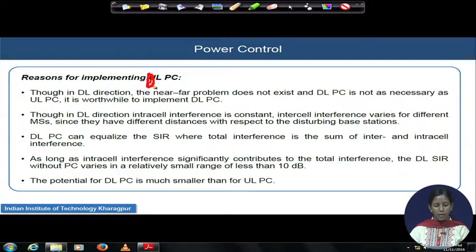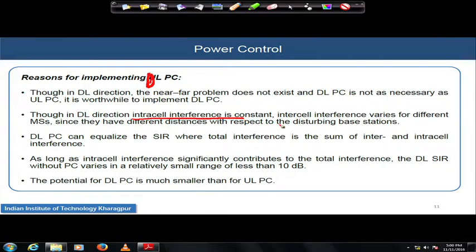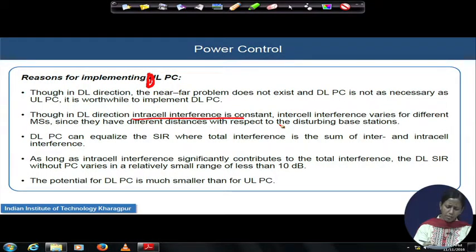But still, different mobile stations are in different directions, and there are the concepts of intra cell interference as well as inter cell interference. You may think that intra cell interference is constant, but inter cell interference varies largely and affects the mobile stations to a great extent, because of the different distances with respect to the neighboring base stations.